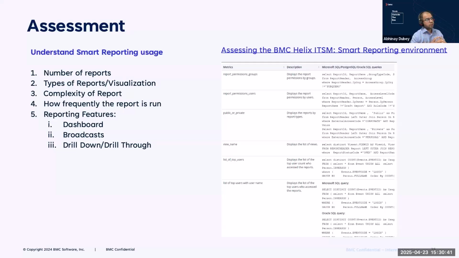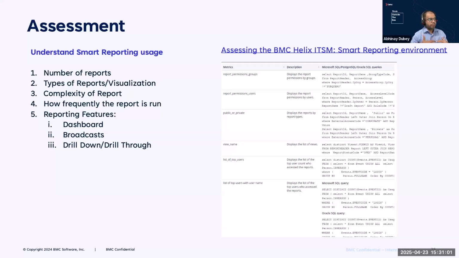The next is complexity of the report, which is again linked to point number two. So if you have a co-display report, the complexity depends on how many child reports you have, or other factors like calculated fields, advanced DB function usage, and so on. Next is the frequency of that report's usage.